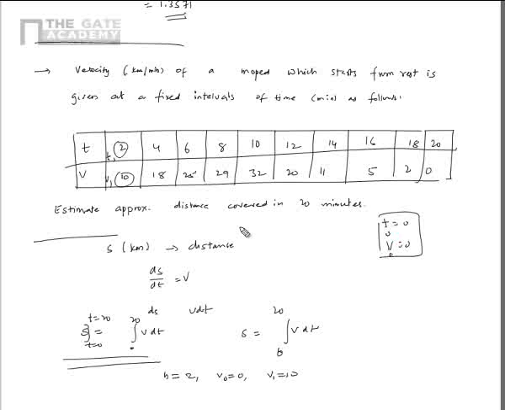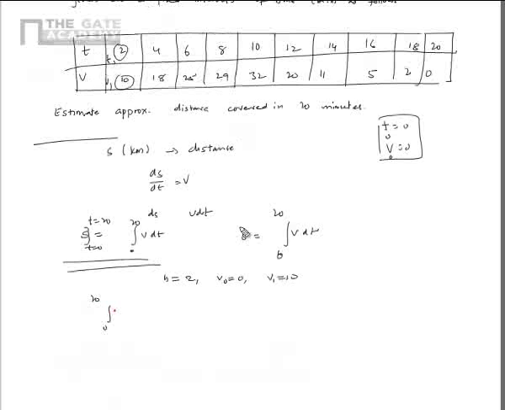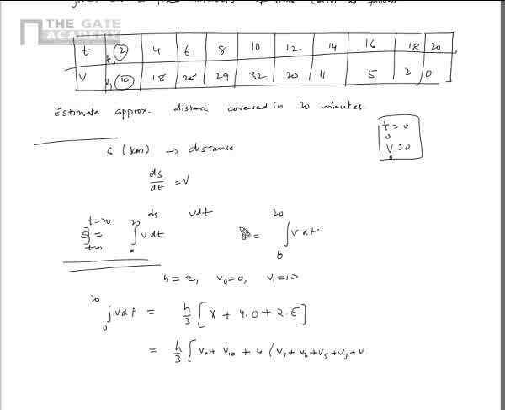Now the integral of v dt from 0 to 20 becomes h by 3 times the first term plus the last term, plus 4 times the odd terms, plus 2 times the even terms. The first term is v0 plus the last term v10, plus 4 times the odd terms v1 plus v3 plus v5 plus v7 plus v9, plus 2 times the even terms v2 plus v4 plus v6 plus v8.